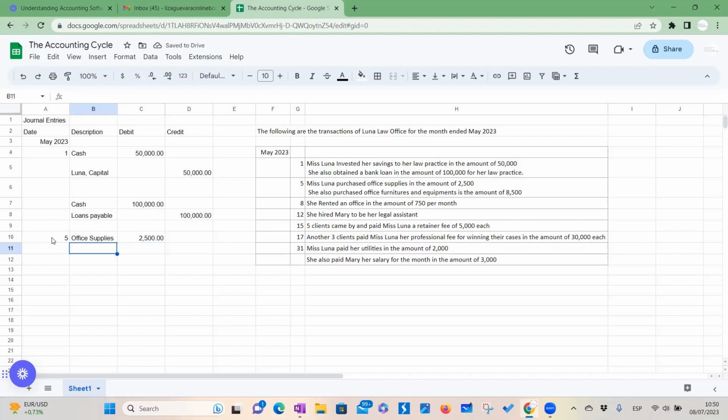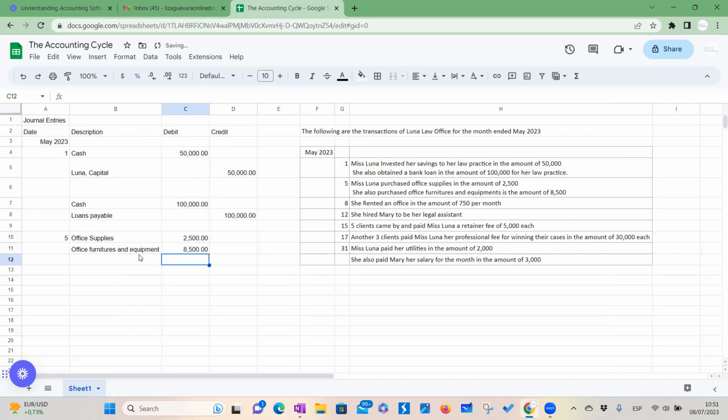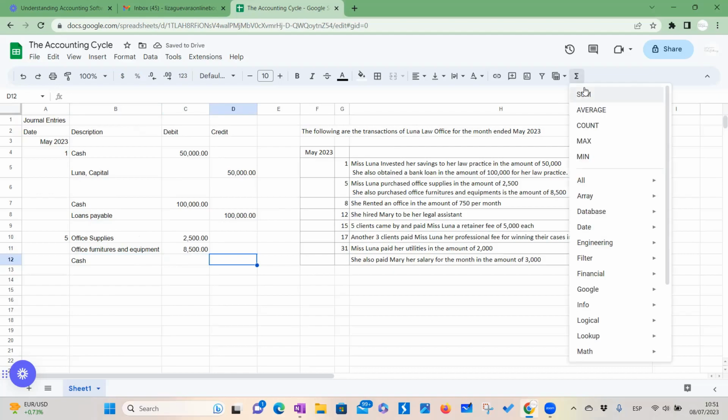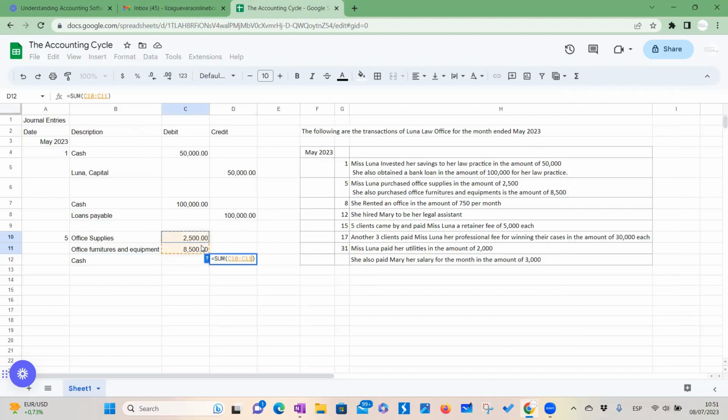We'll debit office furnitures and equipment in the amount of 8,500. And we will credit cash in the amount of 11,000.